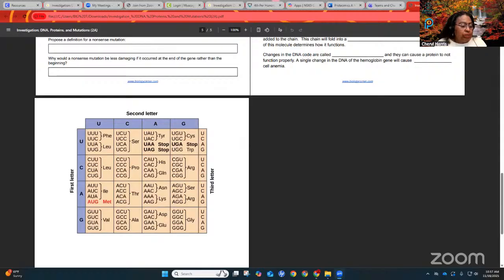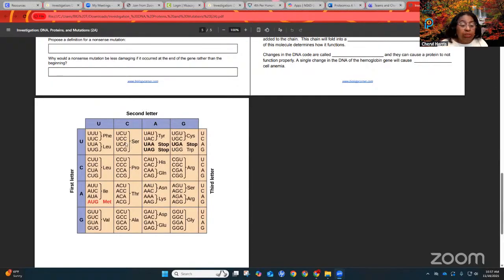Okay, UCC is this one. All right, U, C, and then C. Technically, like I said, you can shortcut that third one by just saying, if I know it's the second row and second column, then I go look and find the combination in the box and you'll find it. But technically, you're supposed to go to the third letter and go across. And again, we have serine. Okay, UCC is serine. Again, 4 ways to get serine.